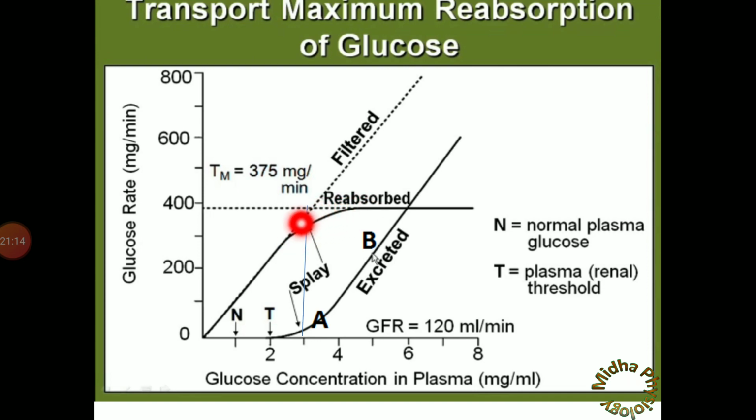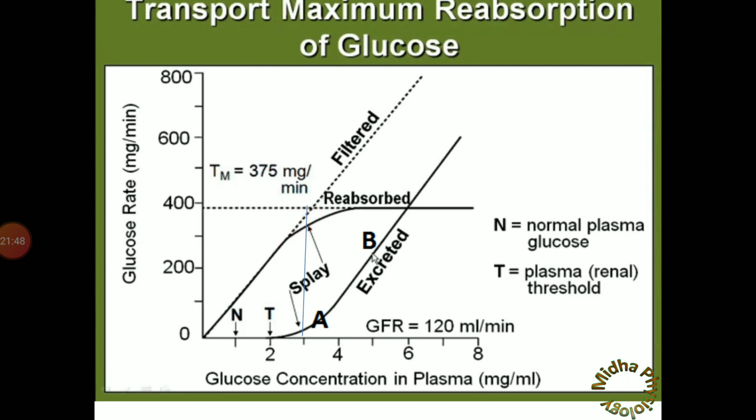Now why this slow deviation is occurring: not all the 2 million nephrons of our kidney have the same tubular maximum reabsorption rate for glucose. We say that the tubular maximum reabsorption rate for glucose is 375 milligram per minute, but it is not present in all the nephrons, due to which some of the nephrons start to excrete glucose at a lower glucose concentration in plasma, and the curve is slightly deviated.